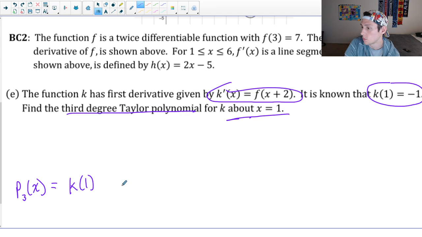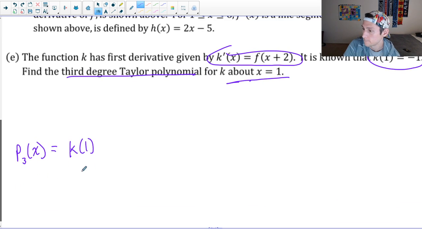So k of 1 is my first term. The first term of a Taylor polynomial is always just the original function, and then you plug in wherever it's centered around. Okay, plus, so now starts our pattern. k prime of 1 divided by 1 factorial times x minus 1 to the first.